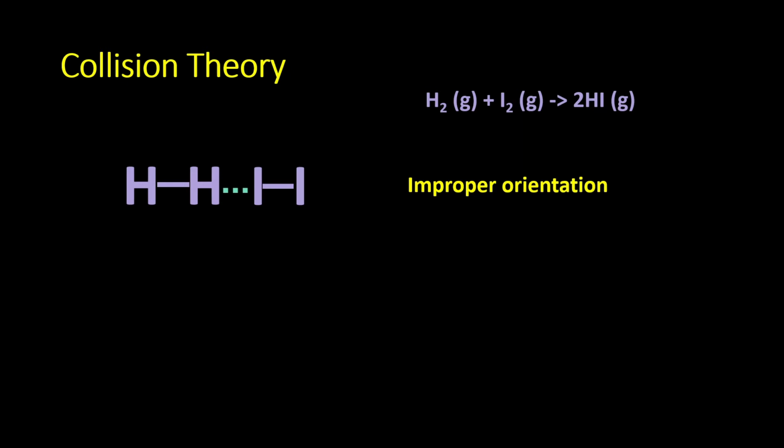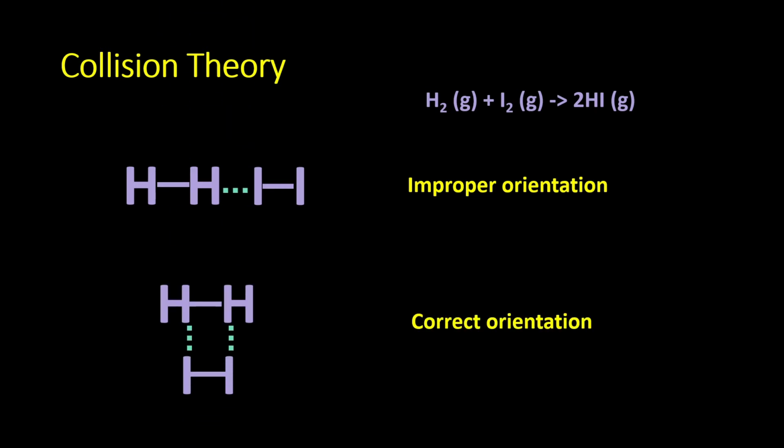However, if the hydrogen molecule and iodine molecule are colliding one from the top and one from the bottom, so the orientation is correct, and they are colliding with energy equal to or greater than activation energy, then the product hydrogen iodide will be formed.